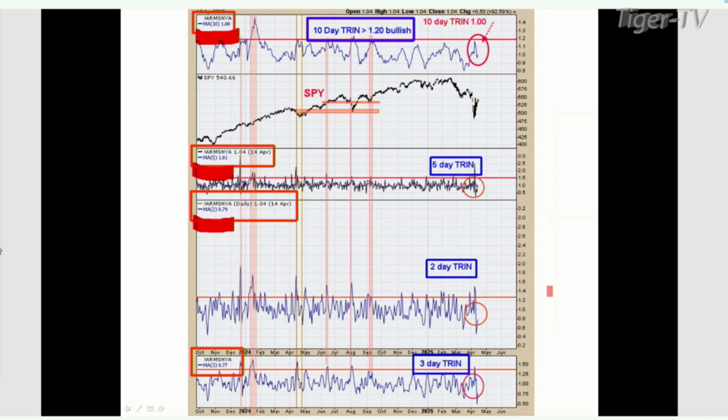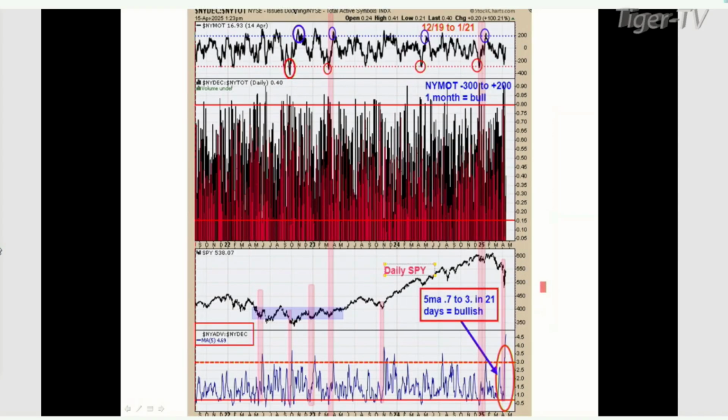This is one of them. This is the advance-decline with the 5-day average, and when it gets down below 0.7 and rallies to 3 in 21 days or less, that's a bullish sign.